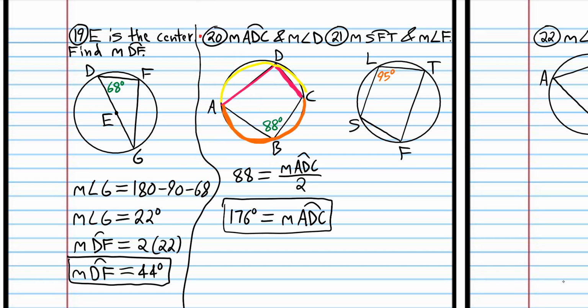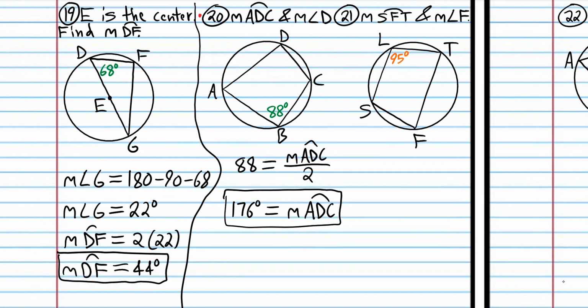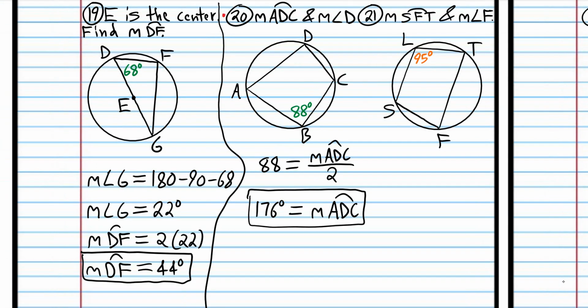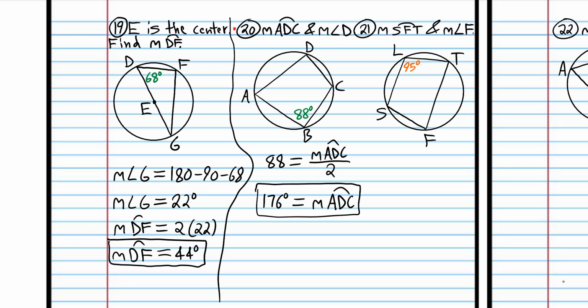But we can easily find the orange by just taking 360, because that's the total rotation is 360, and just subtracting the arc, the yellow arc, and that'll give us the orange arc. Once we find the orange arc, then we can use that to find angle D. So I know that seems kind of complicated, but it's just basic stuff.